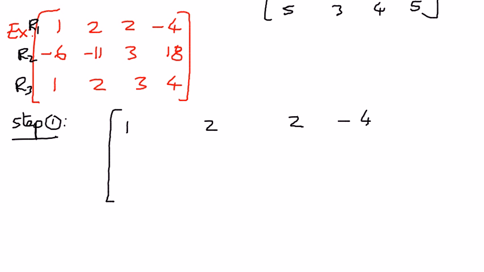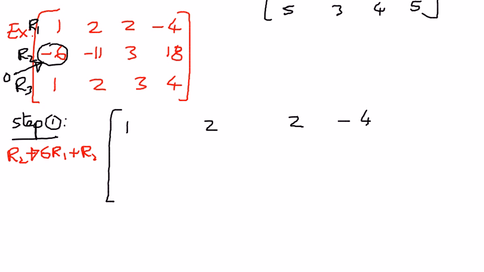If we want to make this location equal to 0, the way to do that is as follows. The new R2 is going to be equal to 6 times R1 plus R2. I'm going to write them down here and you will see that.